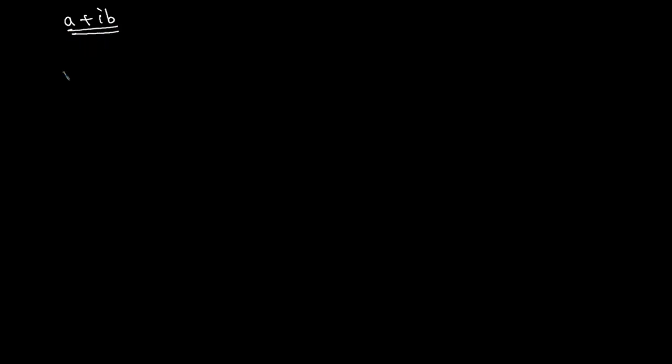Okay, so they gave you a complex number which is (1 minus i) whole square, and they said express this into this format over here. So what are we going to do? Open this parenthesis, and we can use the identity (a minus b) square equals a square minus 2ab plus b square.